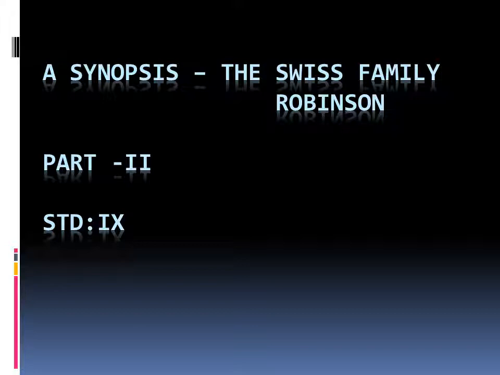After some days, Elizabeth requests William to shift to some other place to keep themselves safe from the jackals. They search for a very huge tree, and by teaching geometrical figure measurement, they prepare a place to settle. Now let us see what will happen in part 2.